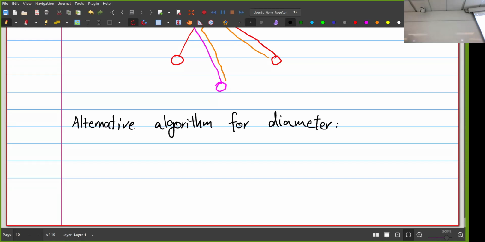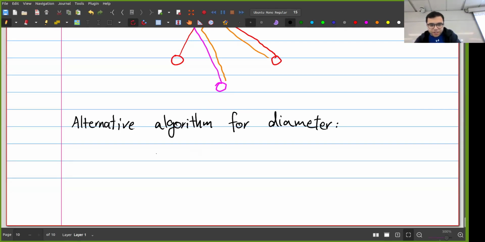So because I'm using a tree, it doesn't matter if I do a DFS or a BFS, because remember, both of those algorithms just gave me a subtree of the original graph that touched every vertex. They all gave me a spanning tree. And if my original graph is already a tree, they're just going to give me the original graph. So whenever we're talking about trees, it doesn't really matter if you're doing DFS or BFS. You can actually do DFS and just calculate distances using DFS, right? So this is my algorithm.